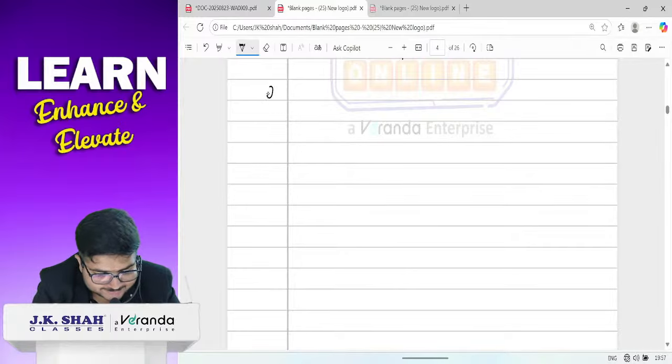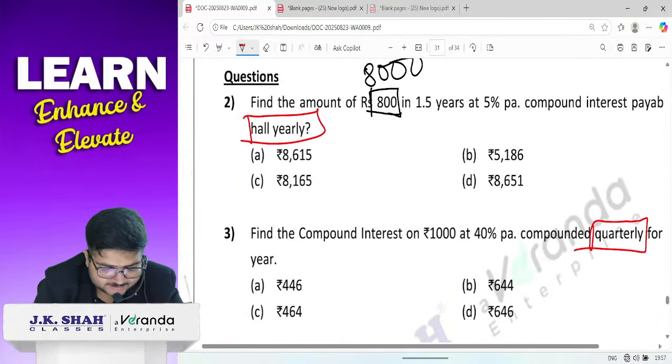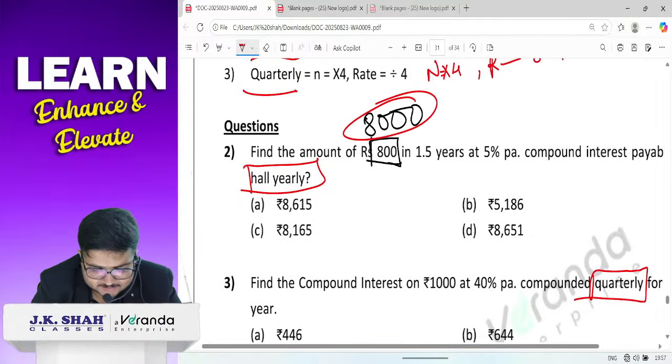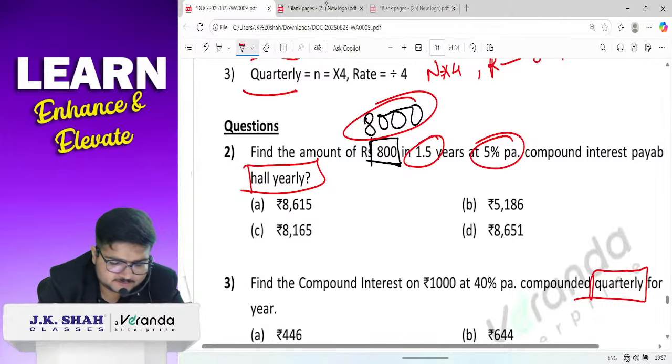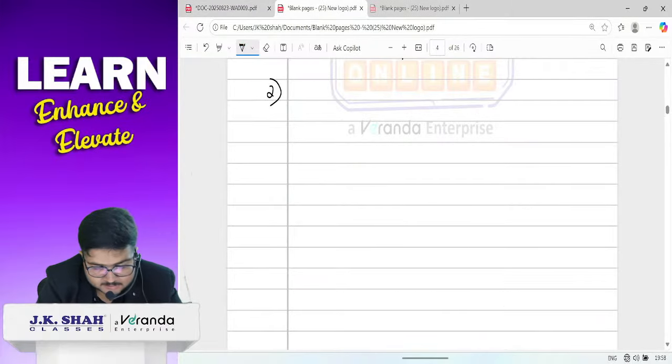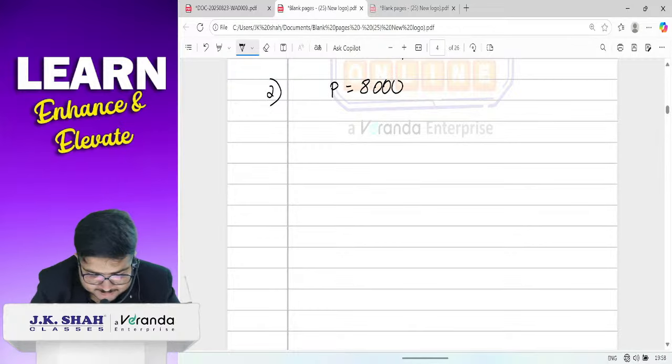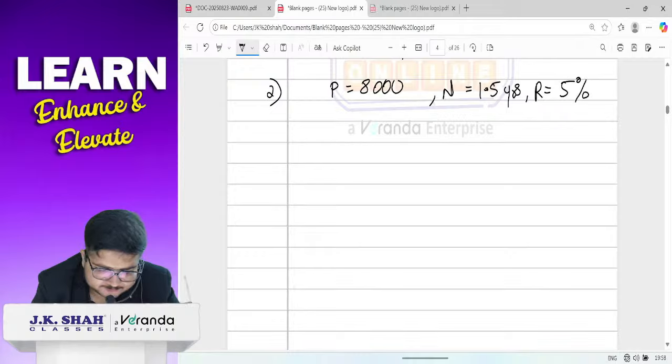Now the second sum, which was half yearly. They have asked you to find the amount. Please remember, amount. Principal is 8,000, number of years is 1.5 years, and the rate of interest is 5% per annum.